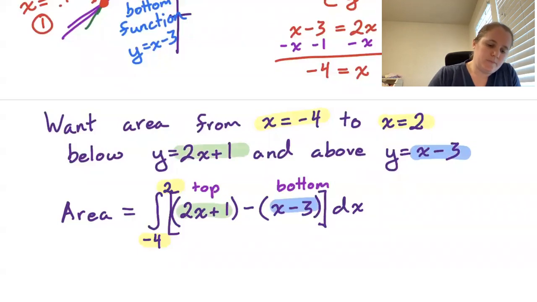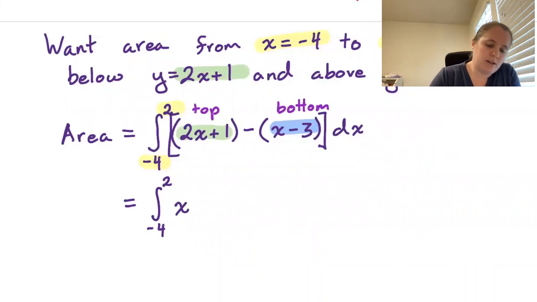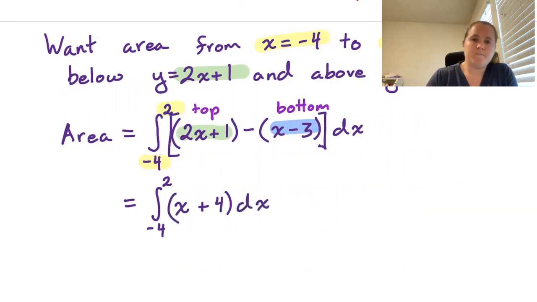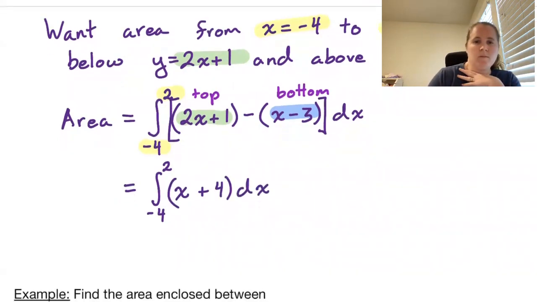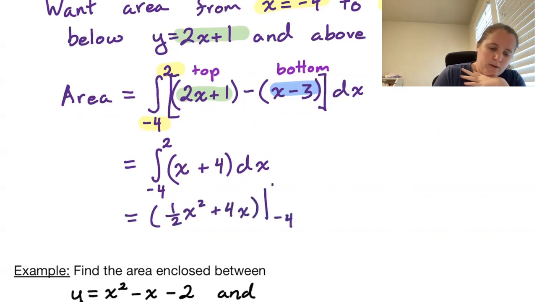So from here, this just becomes taking the definite integral from -4 to 2 of x. 2x minus x is x, and then 1 minus -3 becomes +4 dx. And this becomes 1/2 x squared plus 4x, evaluated from -4 to 2.